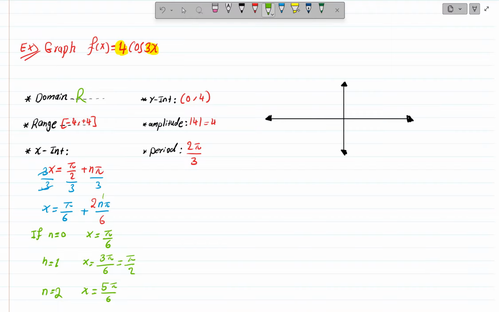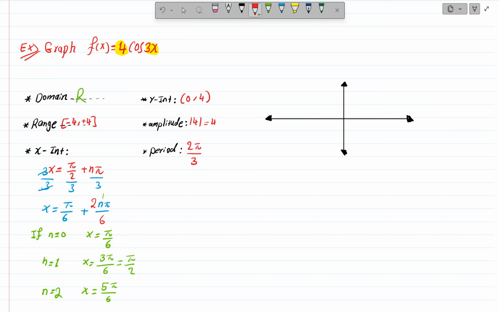Students, look, this one is a pattern. Here we have 1 pi, then 3 pi, then 5 pi. So the next one is going to be 7 pi, 9 pi over 6, and so on. Understand? Okay, these are going to be our x-intercepts.